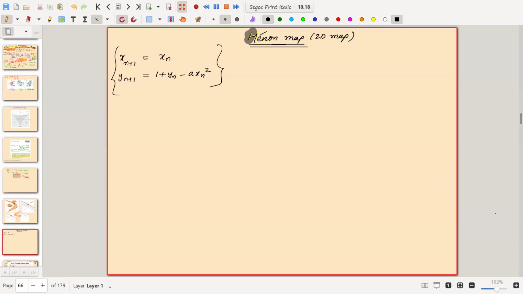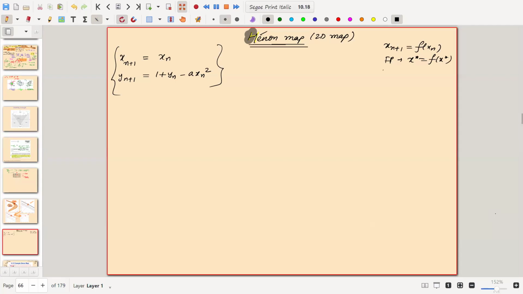Note that when we started working with 1D maps, how did you find stability? First of all, how did you find fixed points? For a 1D map, xn plus 1 is f of xn, and for fixed points you did x star is equal to f of x star, right? And then you found the solution to this equation. And how do you know whether this fixed point is stable or not?